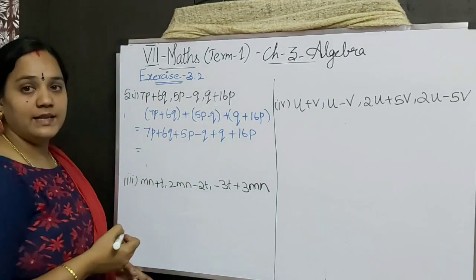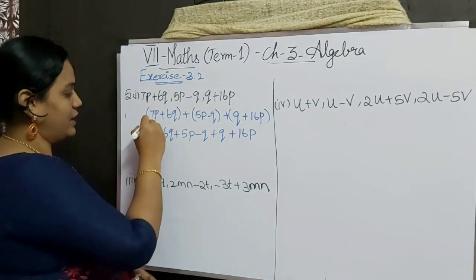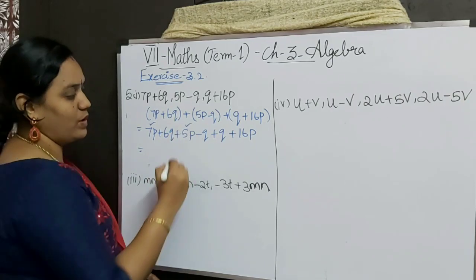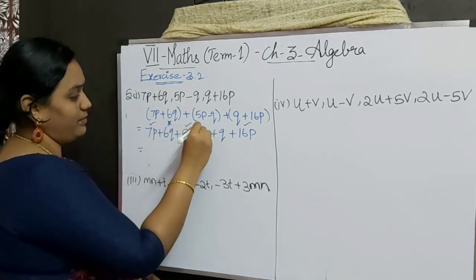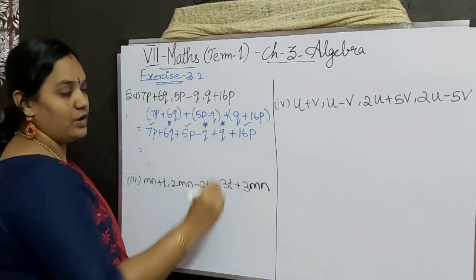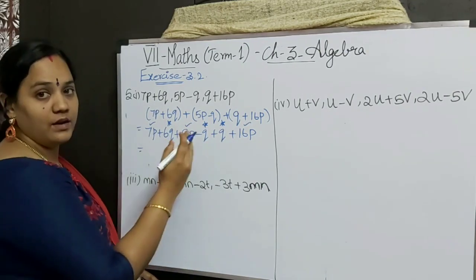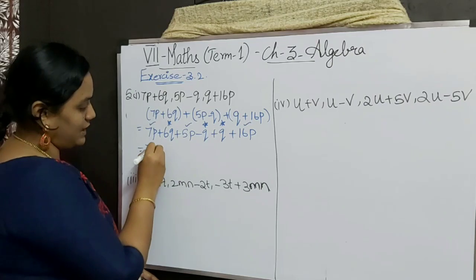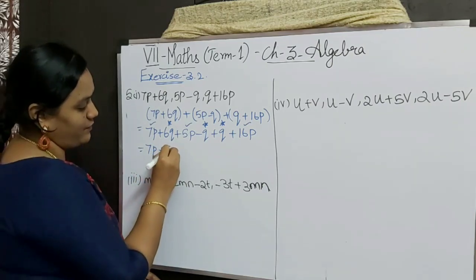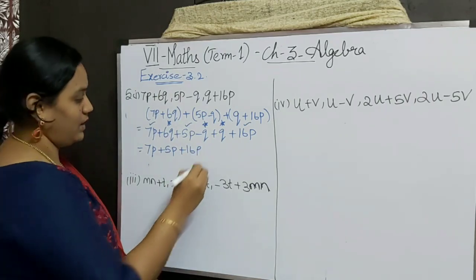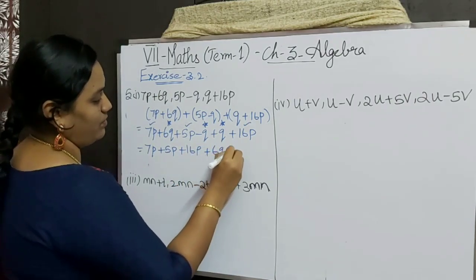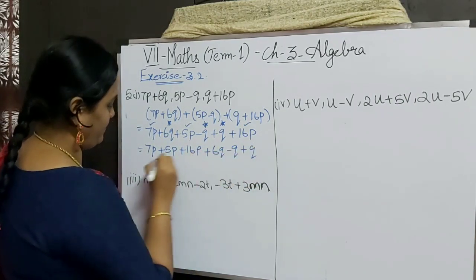Now we have to analyze the like terms. Here a p term, here also one p term and here also one p term. Here I have a q term and another q term. So I have to write the like terms together. So 7p plus 5p plus 16p, plus 6q minus q plus q.